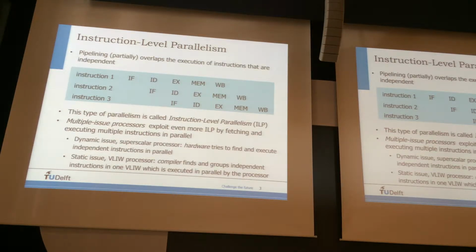Now, there are 2 ways of doing that. I can do it in hardware. Then the compiler is completely unaware of that. I have in my processor a mechanism which is looking at the instruction stream and checking whether or not there are instructions available for execution, and it's issuing them in parallel.